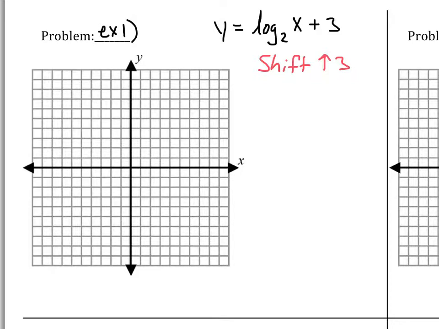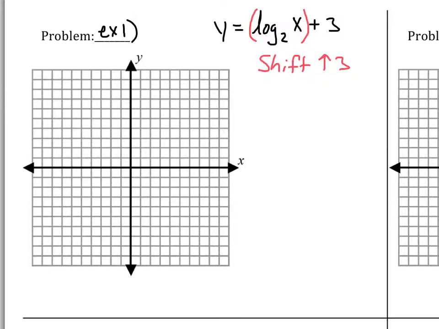So same with log. Log base 2 doesn't mean anything unless it's log base 2 of a number. And in this case, it is log base 2 of x. That's the number. I'm taking log base 2 of x, and I'm then adding 3 to the end. So that plus 3 is the k value in that general form equation.